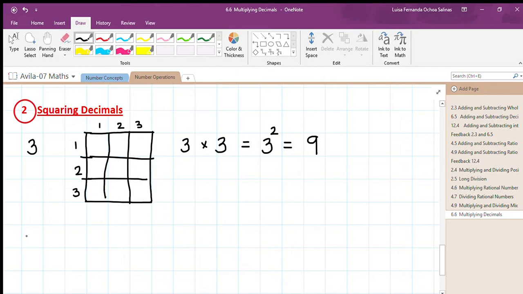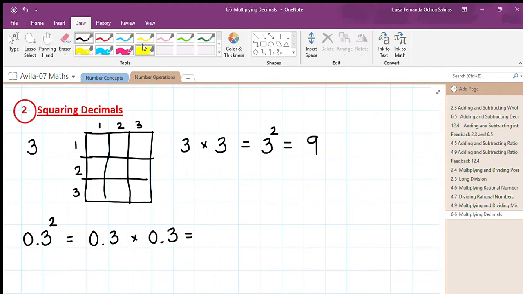Let's talk about what it will mean when I have 0.3 or 3/10 to the power of 2. So I'm squaring a decimal. What will we do? That basically just means 3/10 times 3/10.